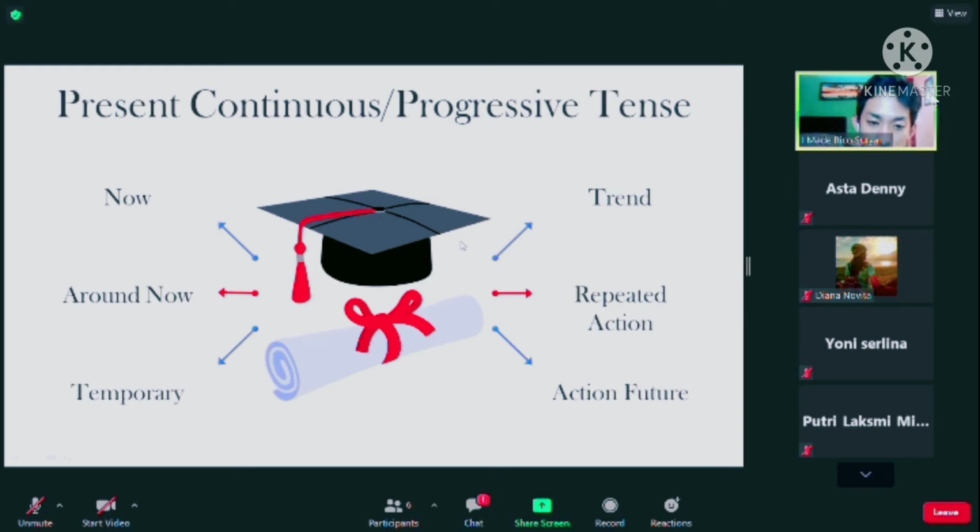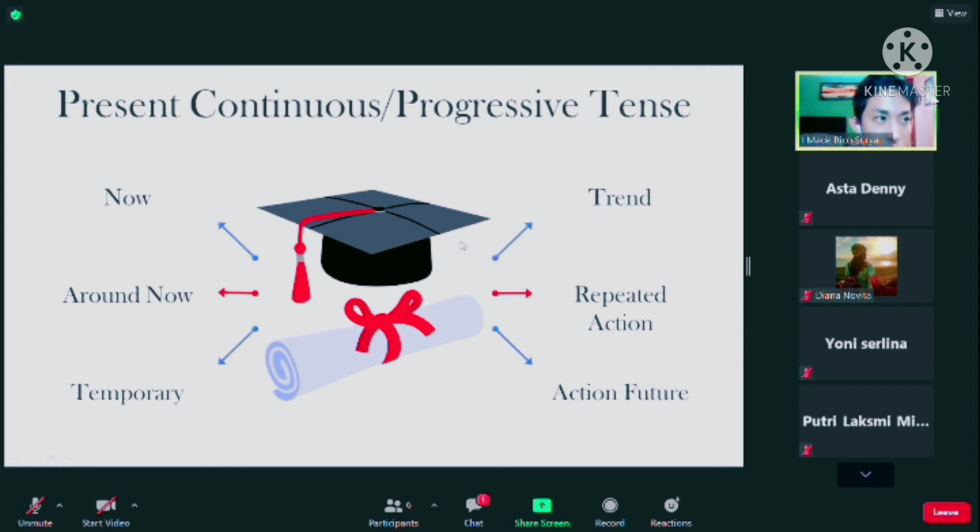For temporary, we use it on a timeline. For example, from 7 a.m. until 9 a.m., at 8 a.m. you do something now.